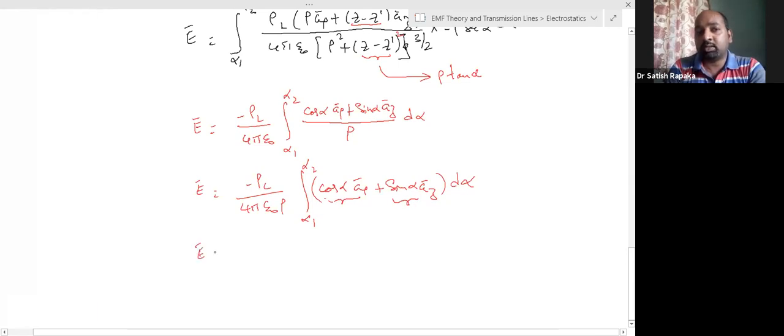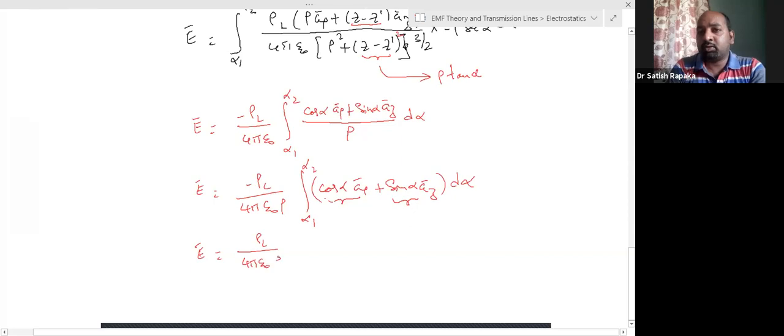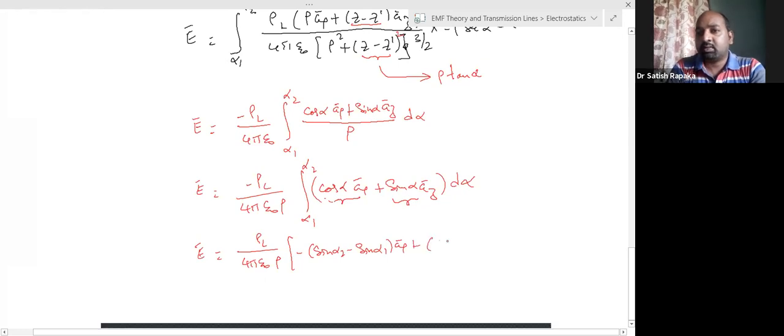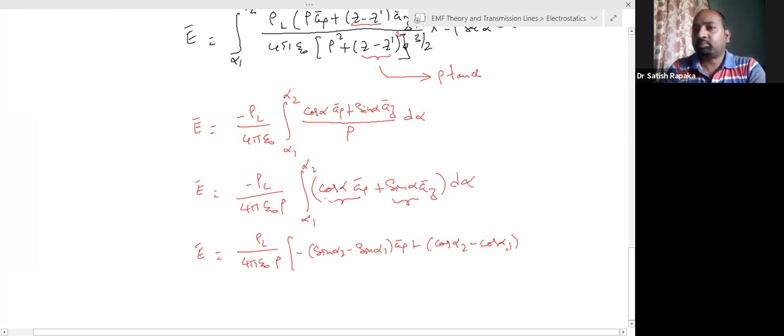So E bar is equal to rho L by 4 pi epsilon naught rho, minus (sin alpha 2 minus sin alpha 1) a_rho bar plus (cos alpha 2 minus cos alpha 1) a_z bar.